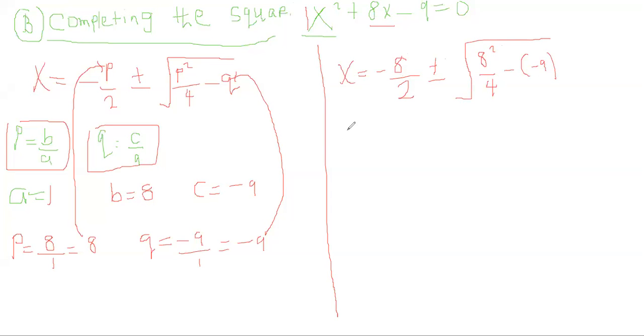So here we will have x equals minus 4 plus or minus, and here this will give us 64 over 4.